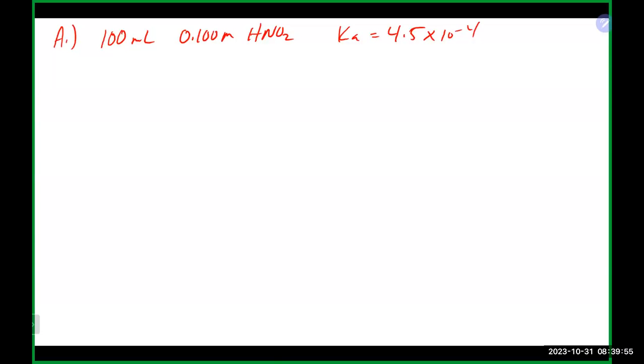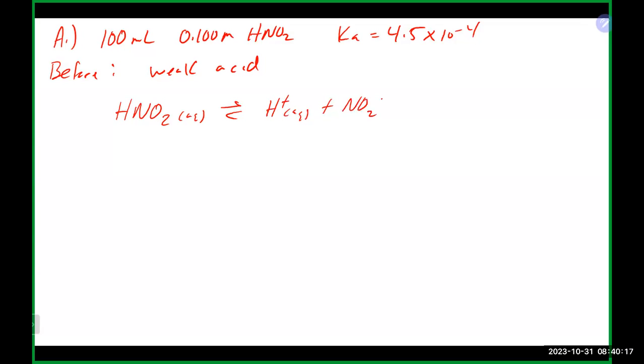So obviously here, before we begin, we have just a weak acid, which means to find the pH at this point, before we add any sodium hydroxide, it's just going to be a Ka problem. So we would take our weak acid and break it apart into H plus and NO2 minus. Because we have not added any sodium hydroxide, we can go right in with the molarity: 0.1, 0, and 0.